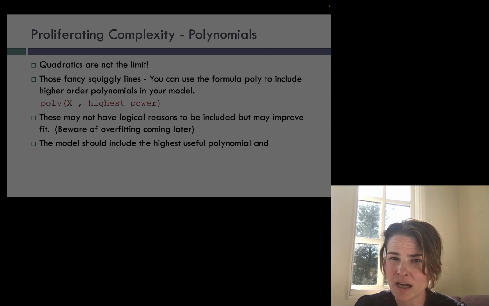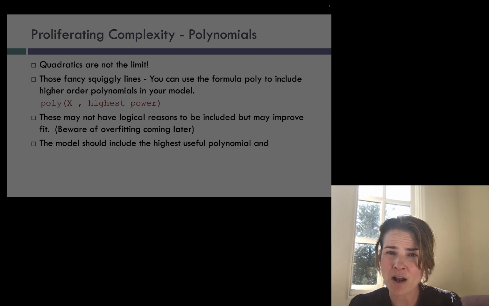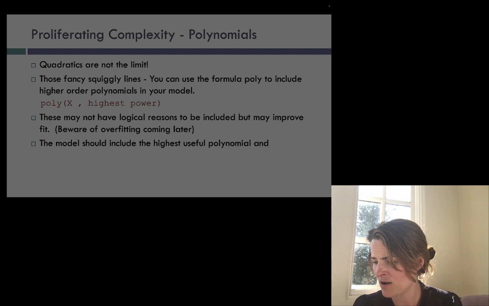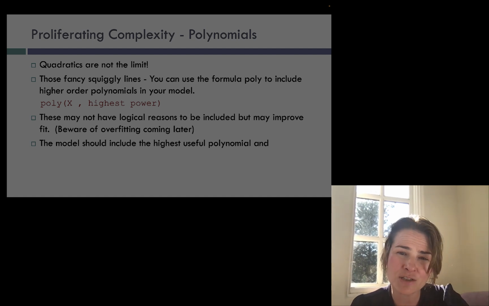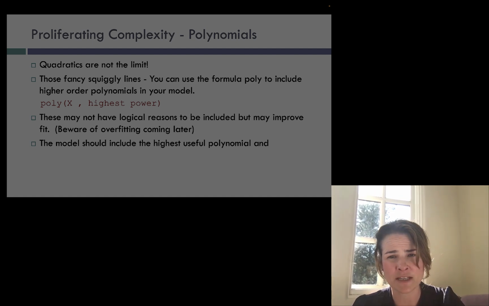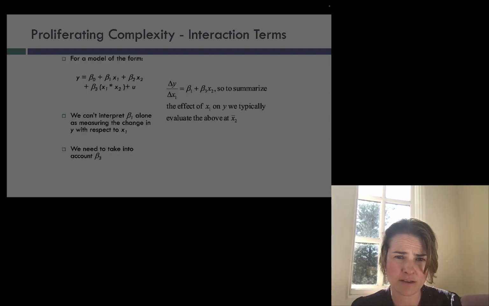So this is something that comes up later. We're going to talk about overfitting later and some of the problems with that. But often when we start to include higher order polynomials, I don't have any logic for how a cubic relationship looks. And if we do this, the model should include the highest useful polynomial and all the other ones under it. So if you use x cubed, you need x cubed, x squared, x included in your model.